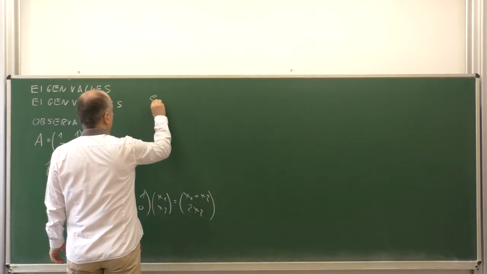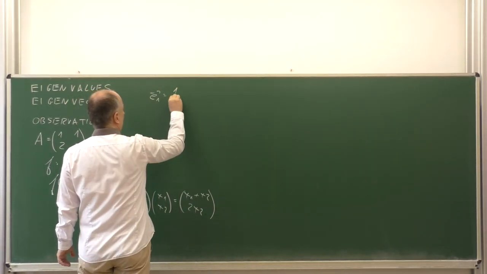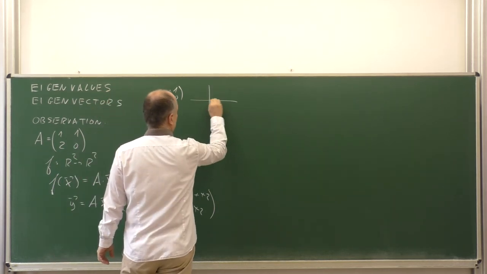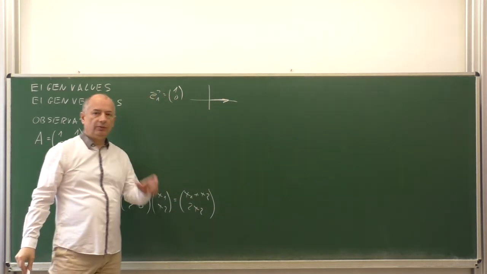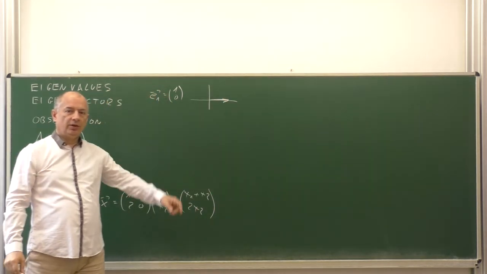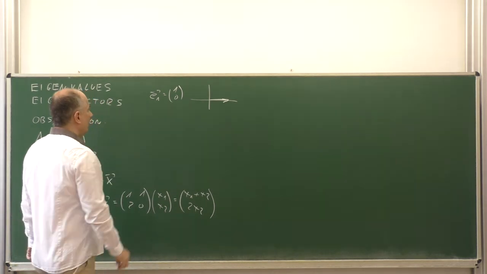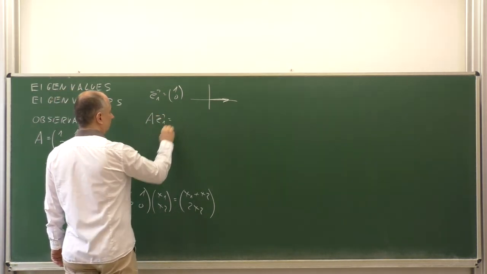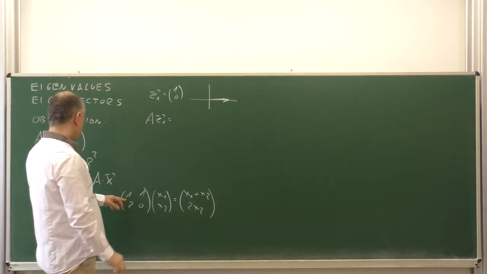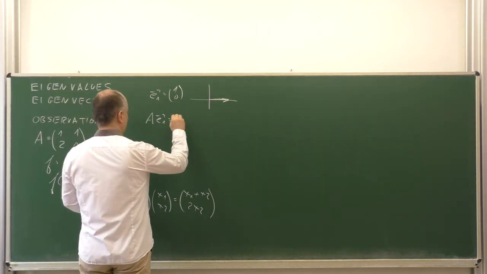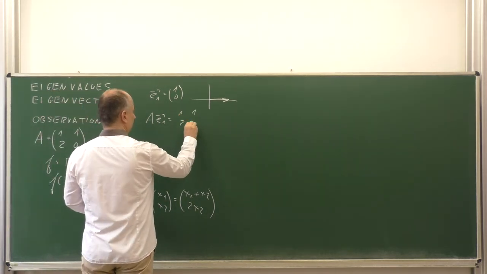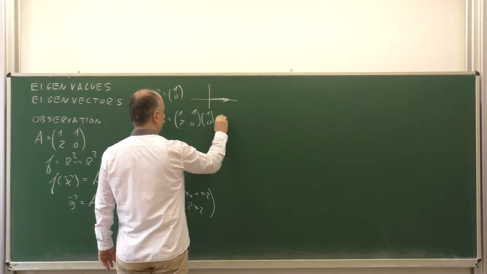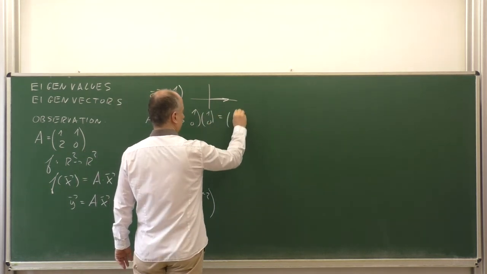Consider the vector e1 being 1, 0. That means a unit vector in the direction of the first coordinate axis. What is the result of this? If we consider the matrix 1, 1, 2, 0 and multiply by the vector 1, 0, then we get 1, 2.